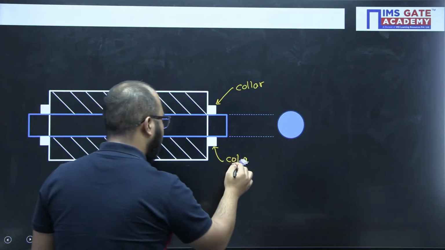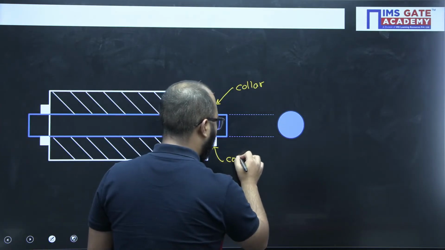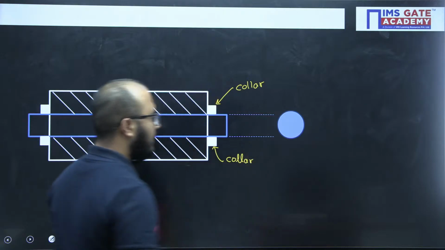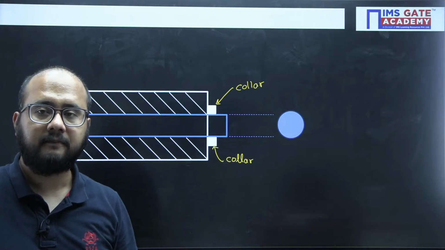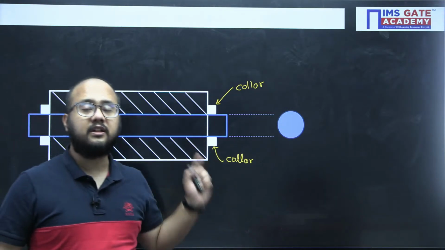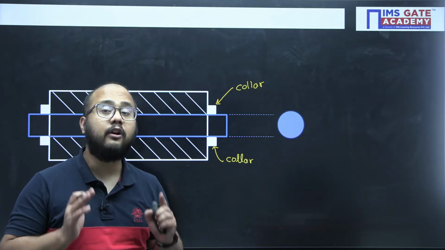And most important thing, first of all, these collars are an integral part of the shaft. So when this is an integral part of the shaft, what kind of motion can it have? It can have only rotation.